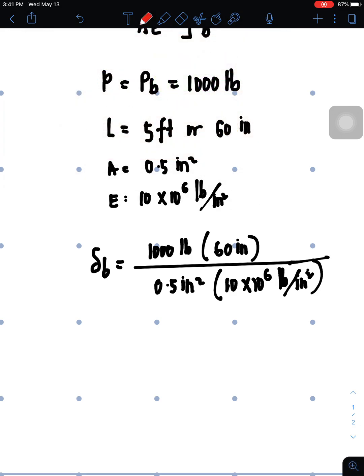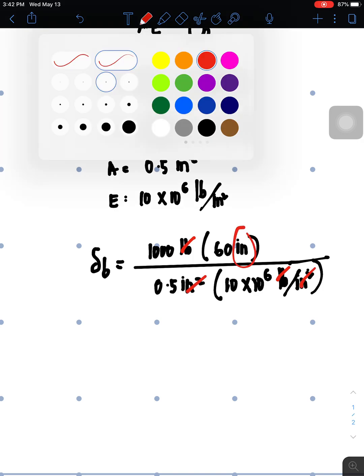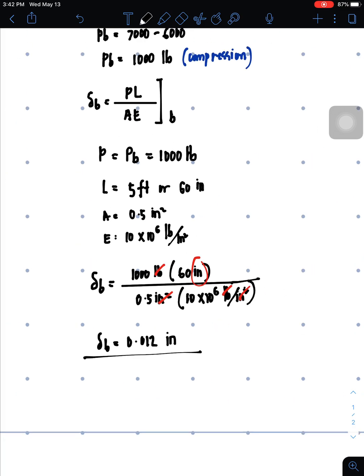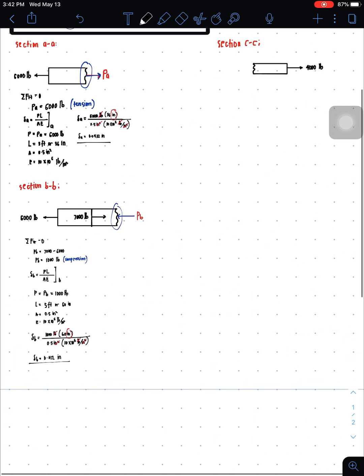Same as before, we cancel out the pounds and the square inch, leaving inches. So the deformation at B is equal to 1,000 times 60 divided by 0.5 times 10 times 10 to the 6. So this is 0.012 of an inch. But this is not our final answer yet.